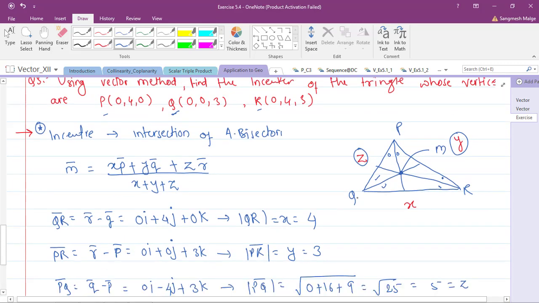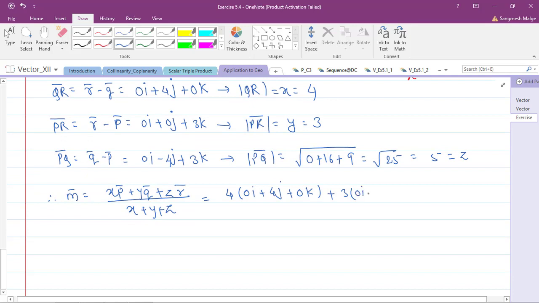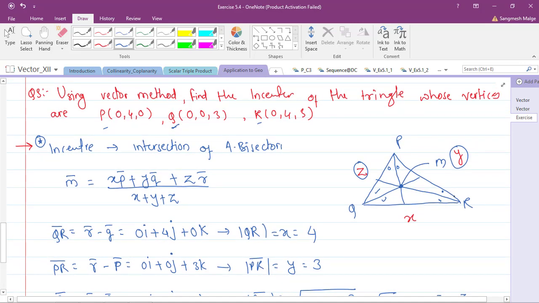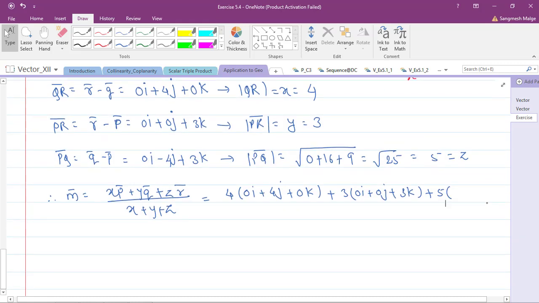What is q bar? 0 0 3, so it is 0i plus 0j plus 3k, and plus 5 into r bar, which is 0 4 3, so 0i plus 4j plus 3k. Okay, so the whole divided by the addition of all these three, 4 plus 3 plus 5.